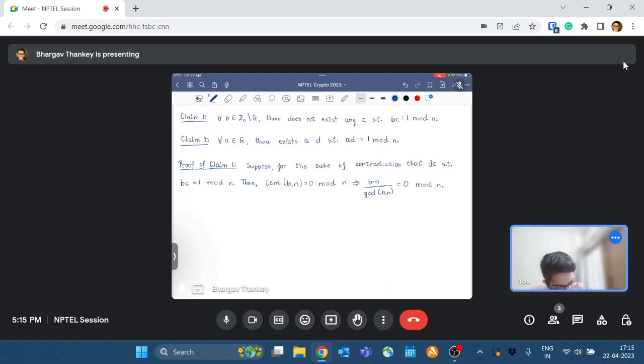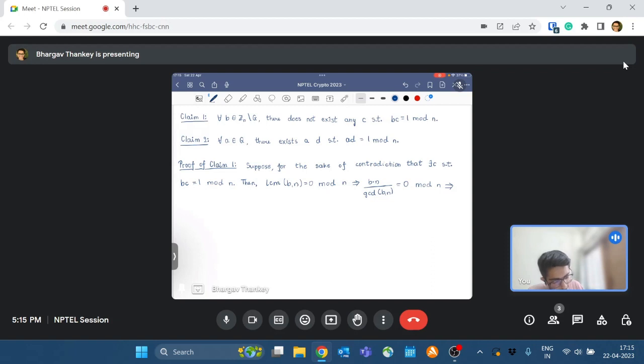Now we are assuming that there exists a c such that bc equals 1 mod n.